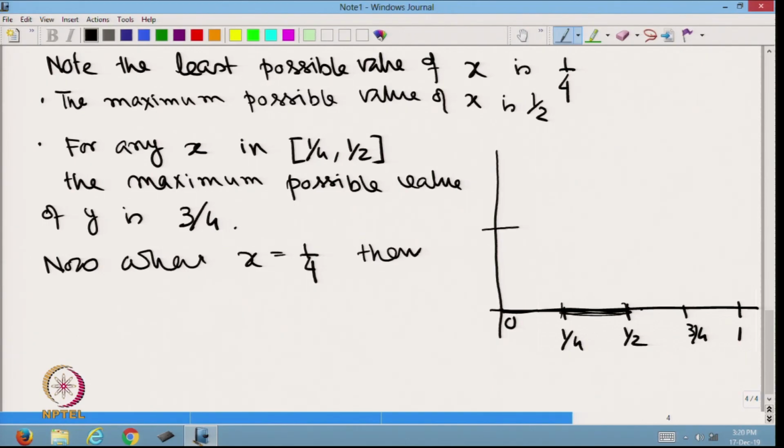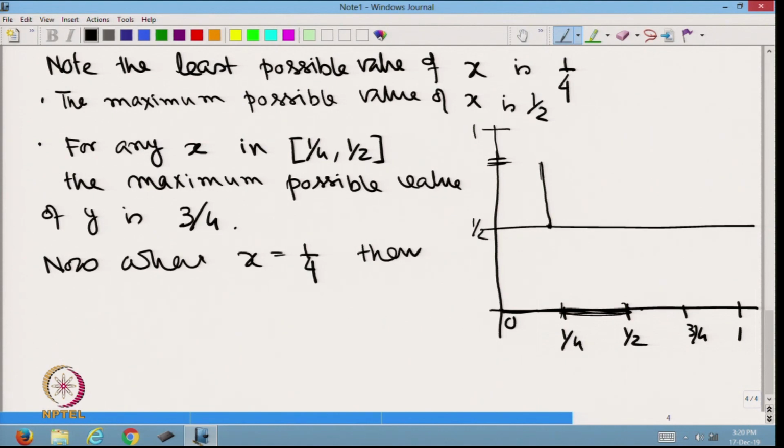Therefore, if this is my half, when x is equal to 1 by 4, the possible values for y are going to be between half to 3 by 4.